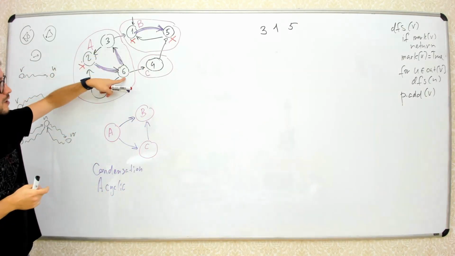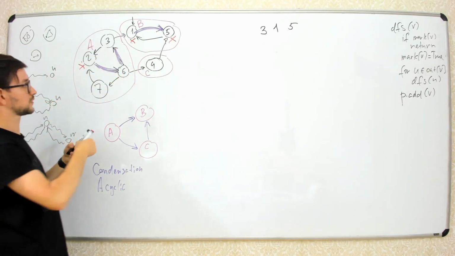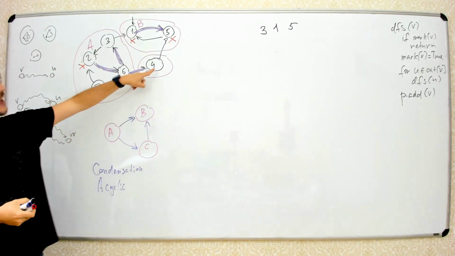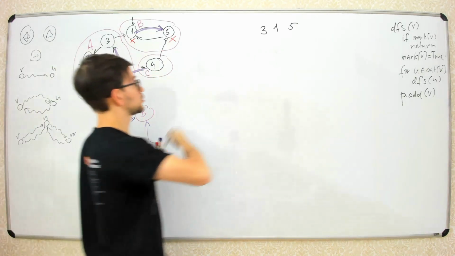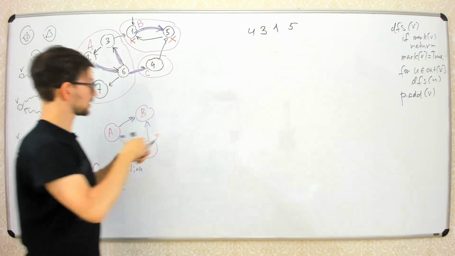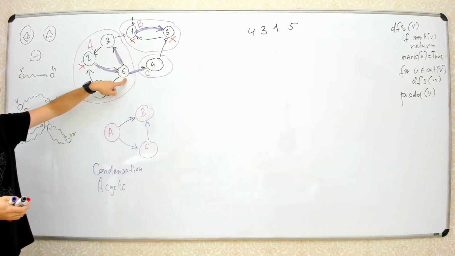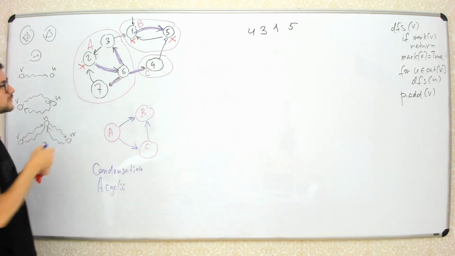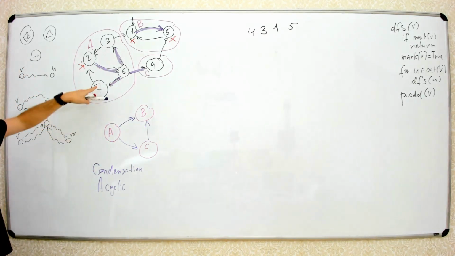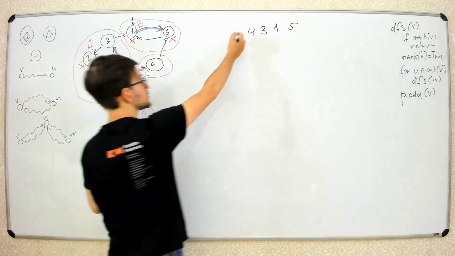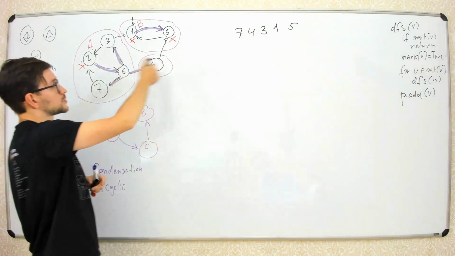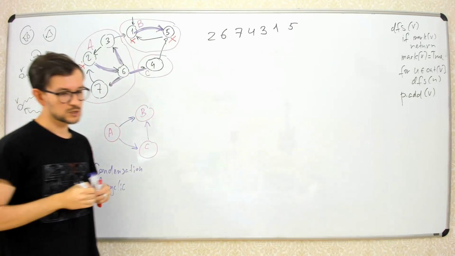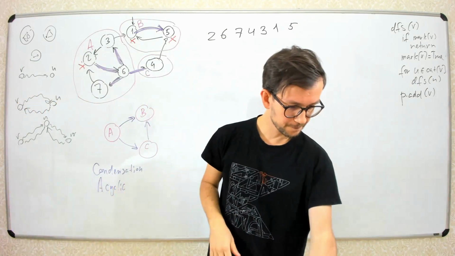Then we go back, go to node 4, exit node 4, add it to the list. Go back to 6, visit node 7, exit node 7, add it to the list. Exit node 6. Exit node 2. So in the end we have this list.